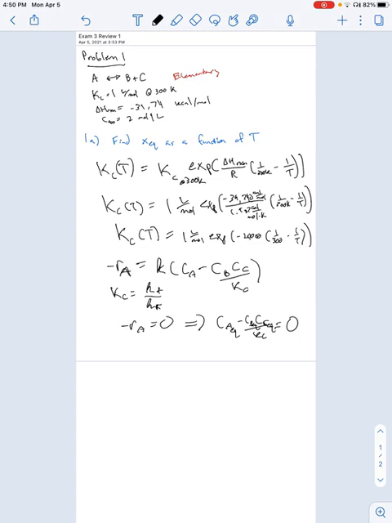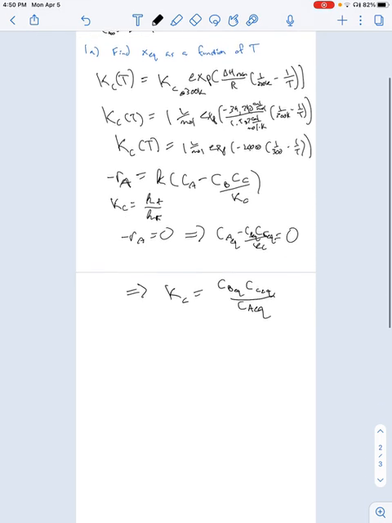So Kc is then equal to Cb equilibrium times Cc equilibrium divided by Ca equilibrium.